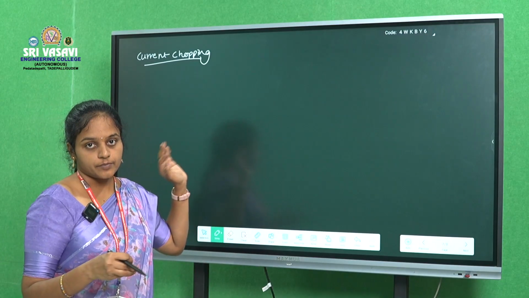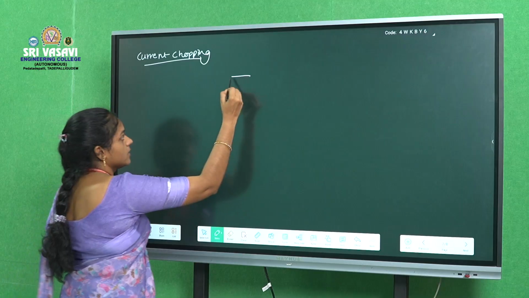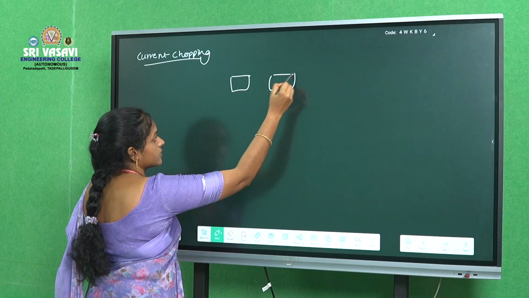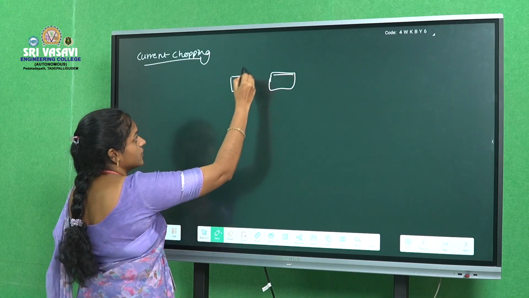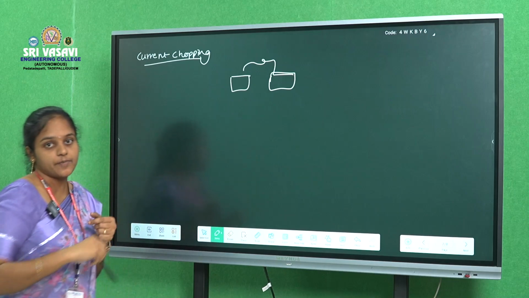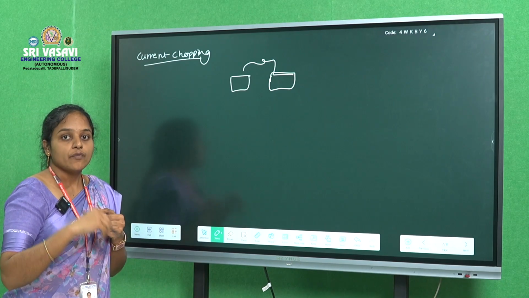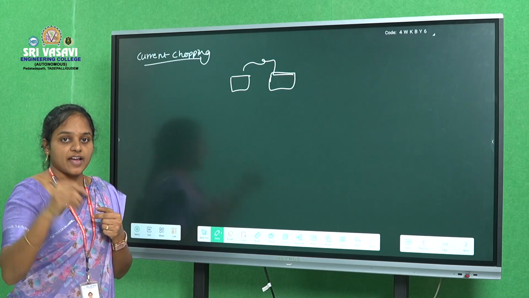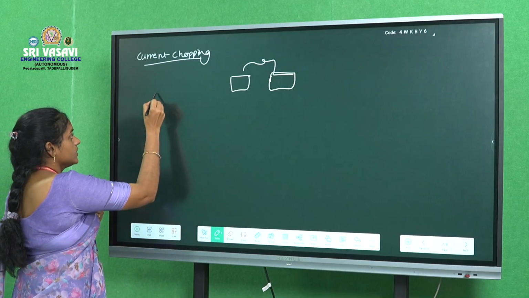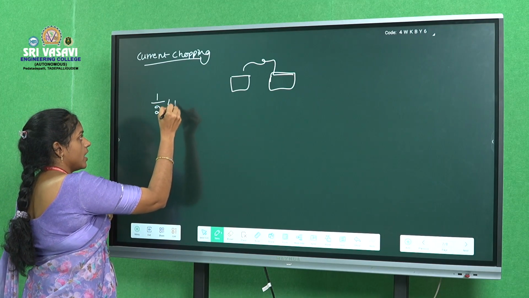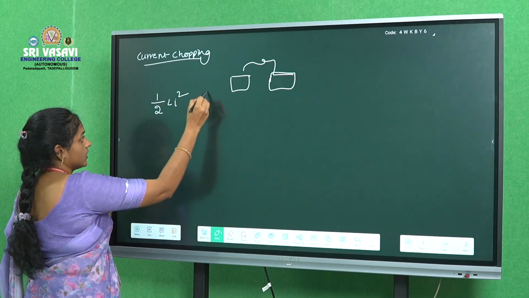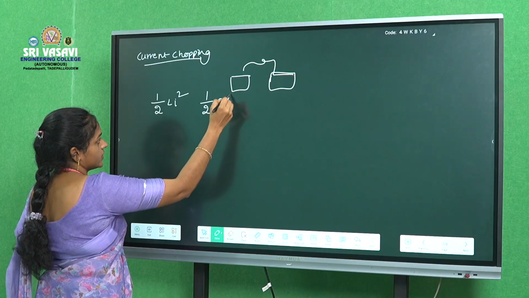At that time, the energy which appears between the two contacts, stored in the magnetic field, is converted across the capacitor as an electrostatic field. The energy stored in the magnetic field is half Li square and in the electrostatic field is half Cv square.